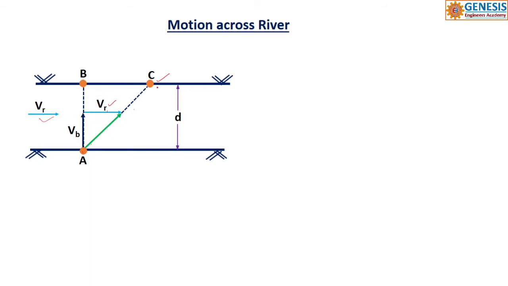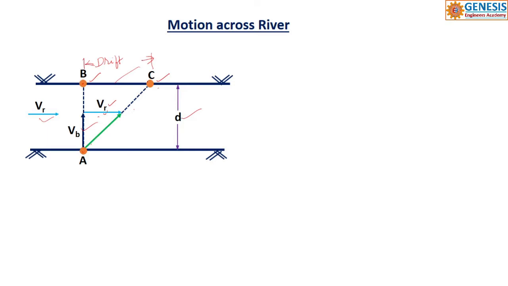That is, in still water like a swimming pool, he can cross directly. This shift is called drift. Drift is along the river flowing direction, so he may be carried by the river to this place.